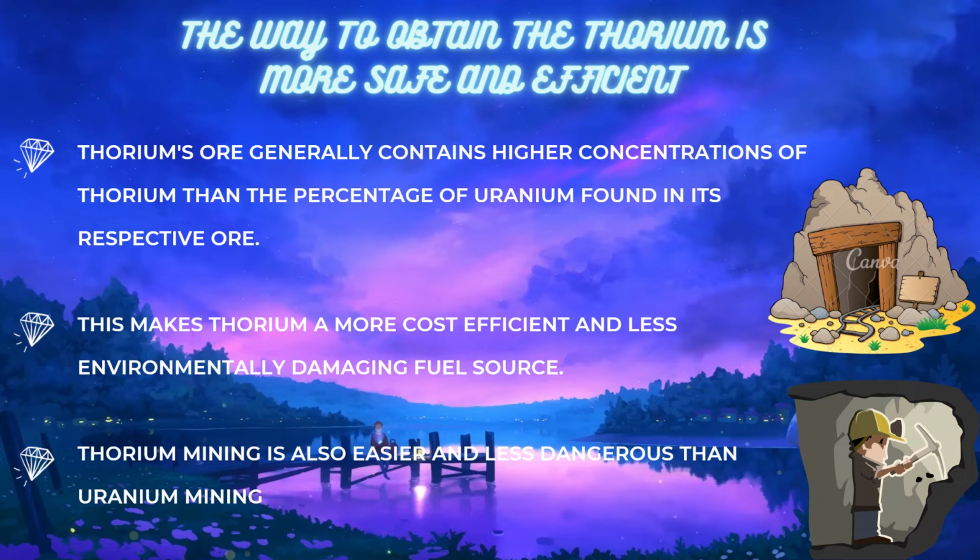So this makes thorium a more cost-efficient and less environmentally damaging fuel source, as it makes the element's extraction cost-effective without a serious impact on the environment. The process of mining thorium is also easier and less dangerous than uranium mining. This is because the mining process for thorium is an open pit which requires no ventilation, unlike underground uranium mining, where radiation levels can be potentially harmful.